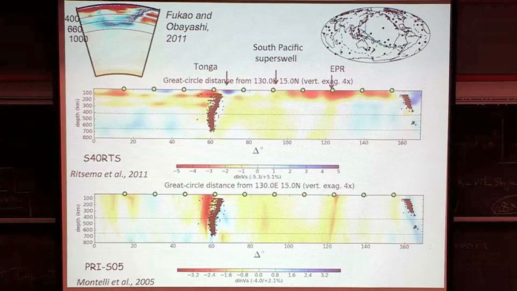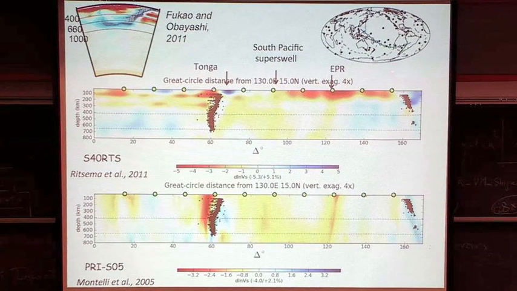The other thing that you can see in this slide is the top of the model. There's nothing on the top of the model here. This model, which includes surface waves, has much more structure. It shows the strong low velocity in the East Pacific Rise, and the thickening of the lithosphere towards the subduction zones, for example.